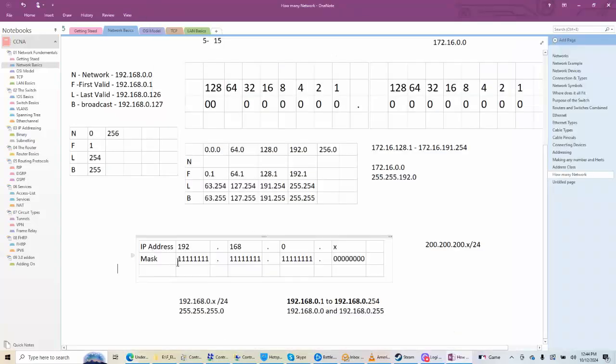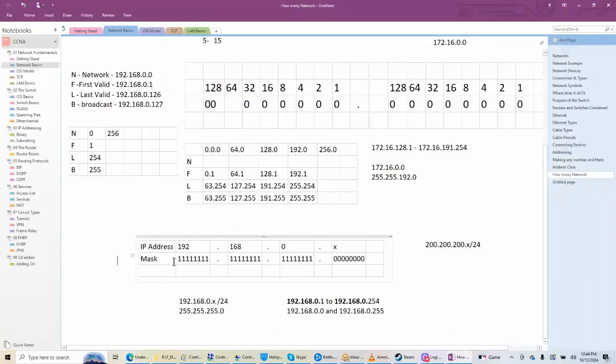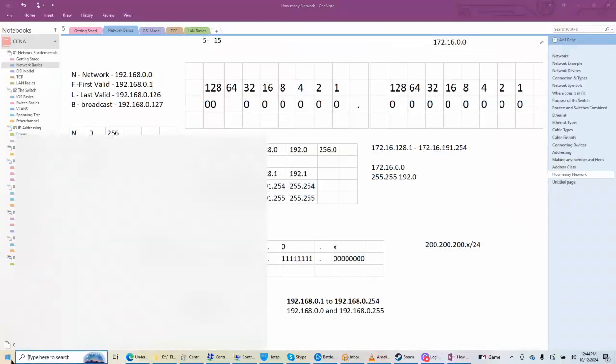I want you to look at this and see how many networks are possible with slash 23. And let's find out if that's the case.